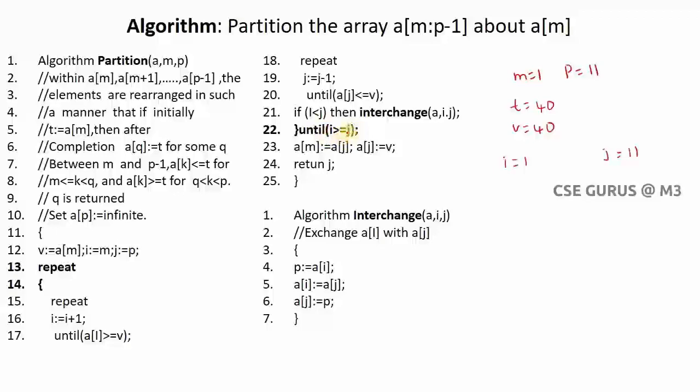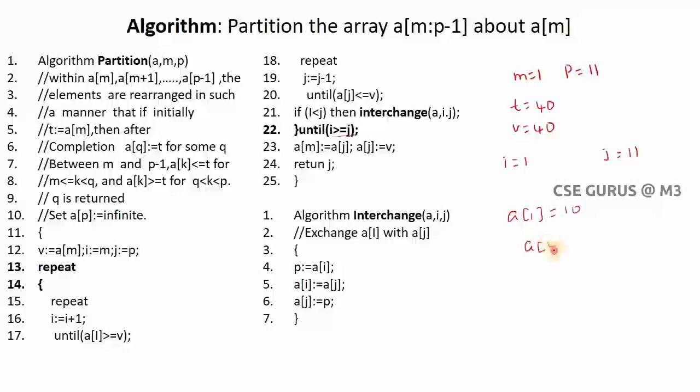That means when this condition is true, what you are doing here, you can see a of m is equal to a of j. So what is a of m? That means a of 1 is equal to a of j. What is a of j? I think we received 10. And a of j, what is a of j?